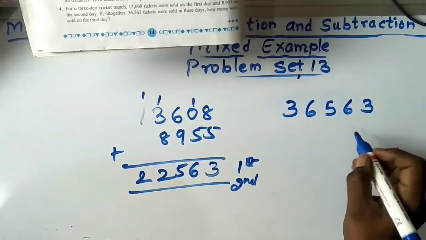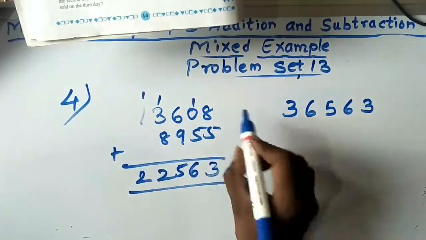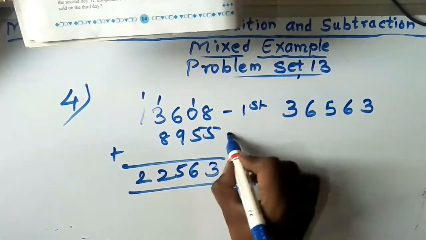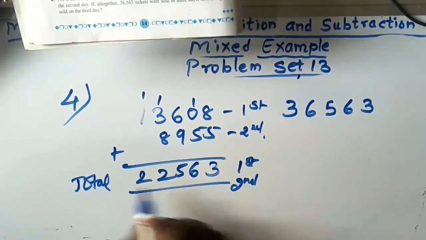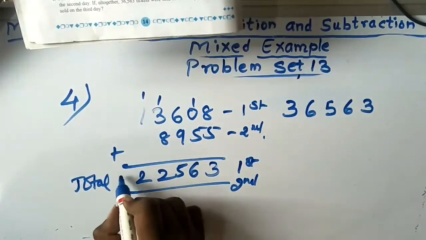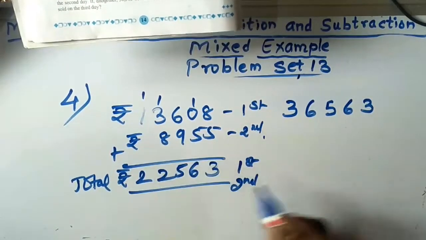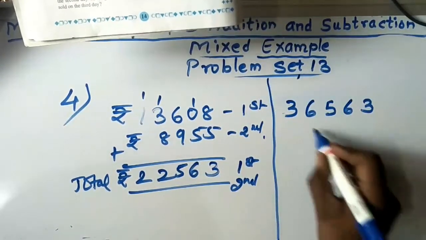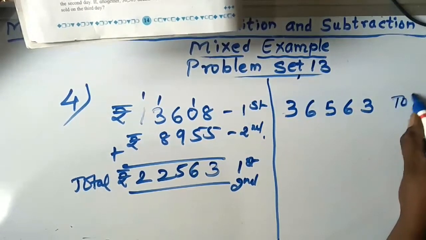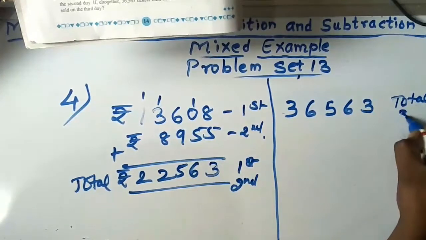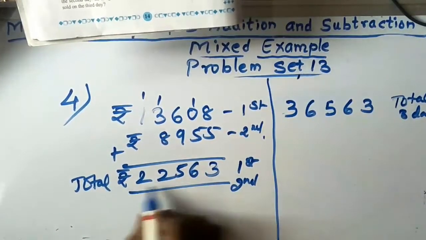This is the total collection. This is only a rough work. You have to do the fair fourth sum. This is the collection for the first day. This is the collection for the second day. So the total collection for the first and the second day is this amount. This is the total amount which they collected for all the 3 days. Now, how much did they collect for the first and second day?